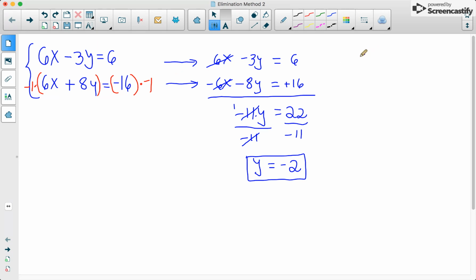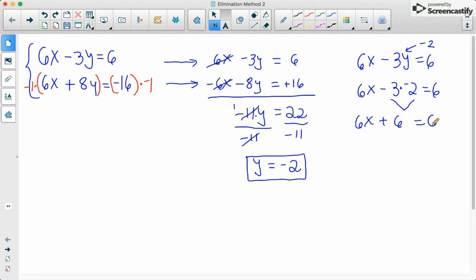So in the first equation, I have 6x minus 3y equal to 6. But now I know that y is equal to negative 2. So I'm going to plug that number in my equation. So negative 3 times negative 2 gives me positive 6. The 6x is still the same, and the 6 is over here.